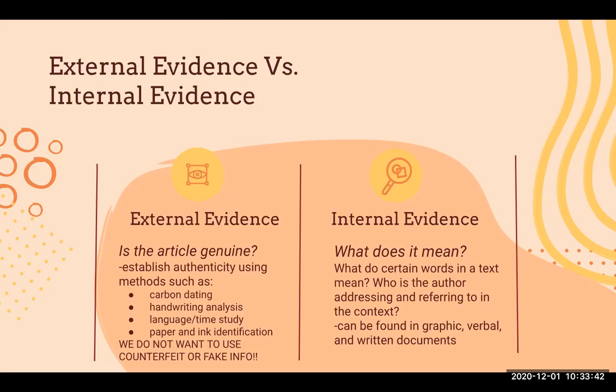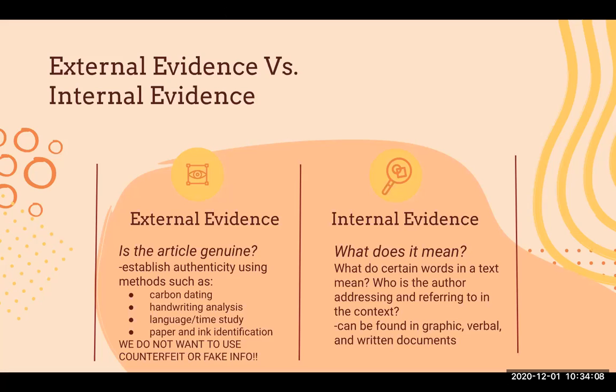Evidence here is a way to analyze our historical piece or our article or our data. We will need to use these techniques in order to find out if our item is something that we should use. So external evidence is finding out, is the article genuine?